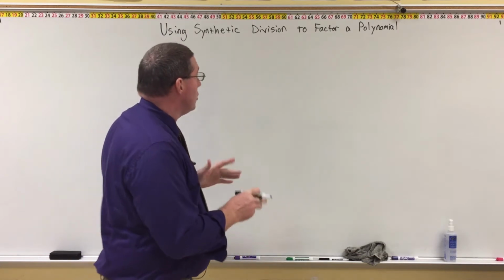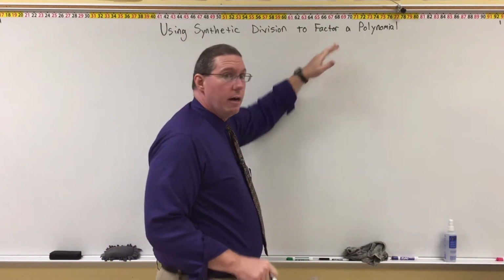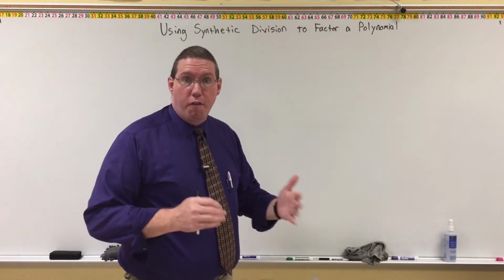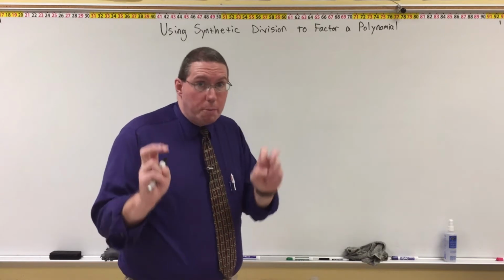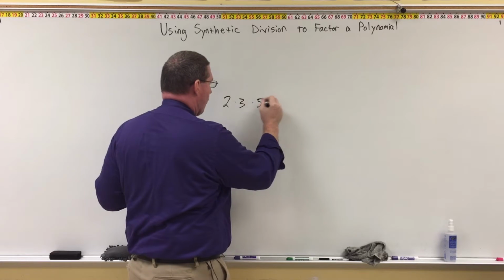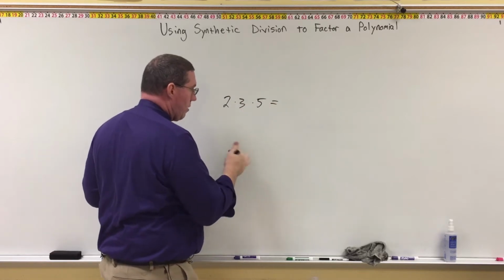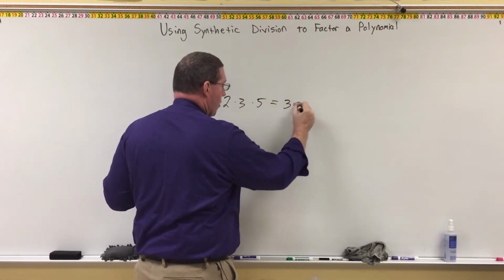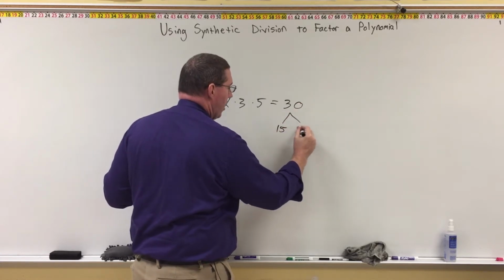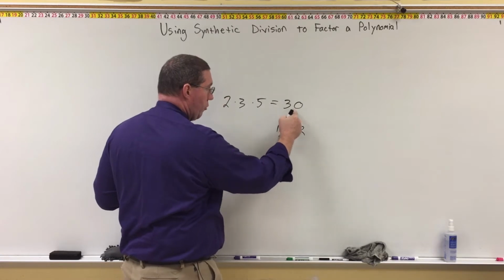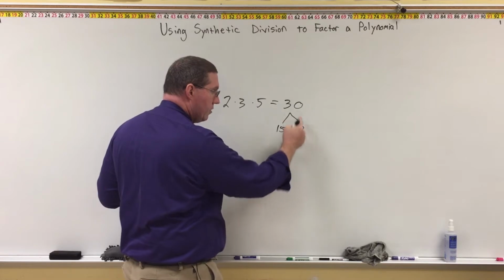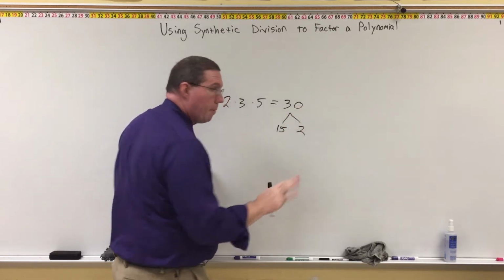So let me remind you that factoring is the idea of breaking apart a number into factors, and factors are multipliers, right? So if we were to do 2 times 3 times 5, 2 times 3 is 6, and 6 times 5 is 30. So we can break 30 apart into, let's say, 15 and 2, because 30 divided by 2 is 15, 30 divided by 15 is 2, and 15 times 2 is 30. Now 2 cannot be factored anymore.